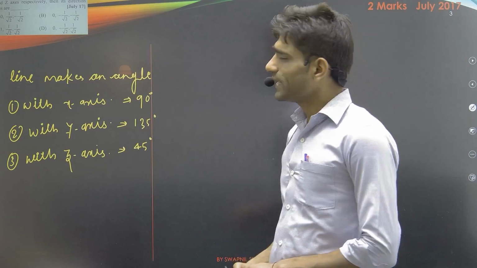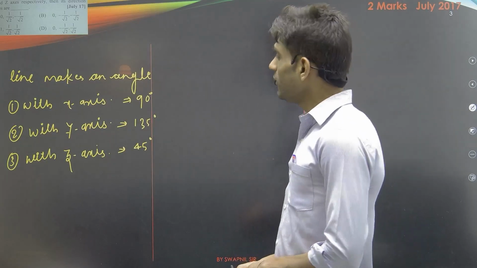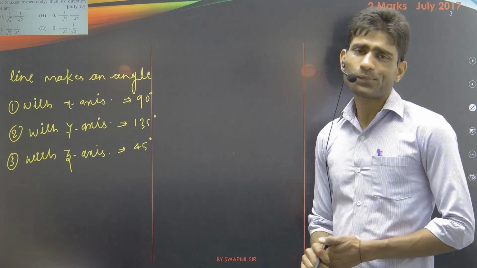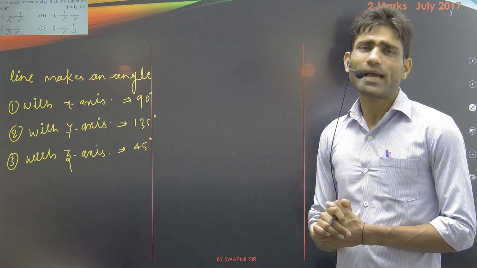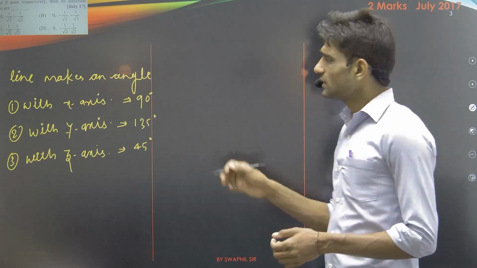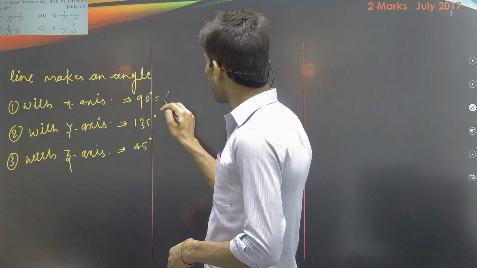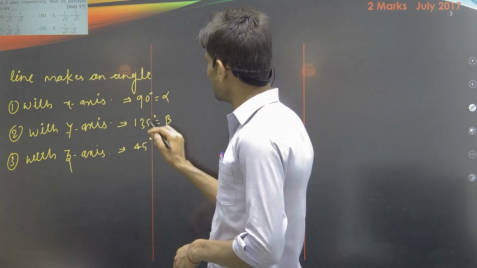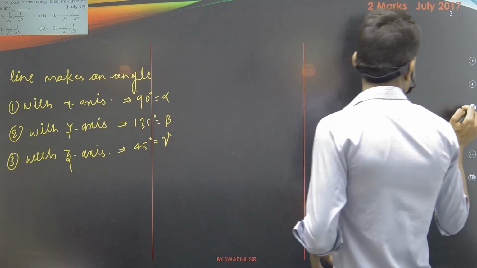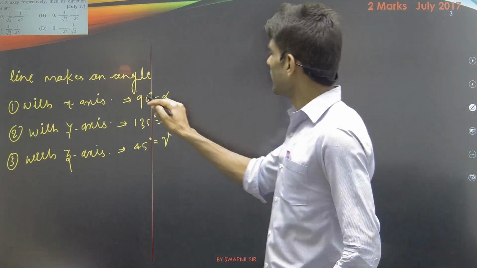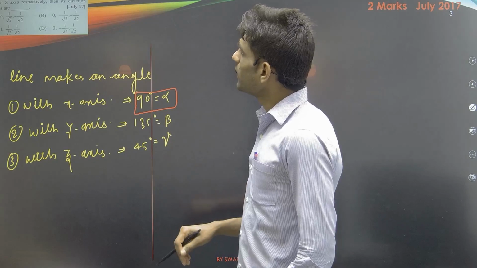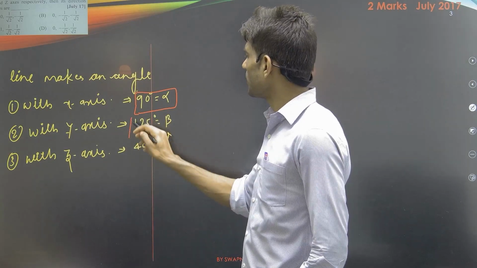For applying direction cosines, consider the first angle as alpha, the second one as beta, and the third one as gamma. Now we want the direction cosines of the line.